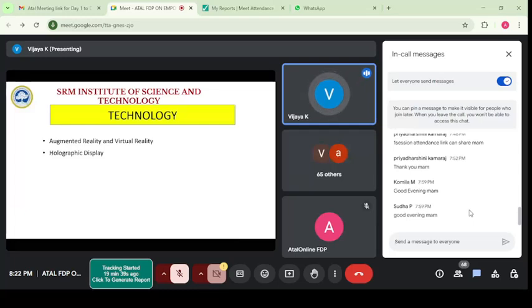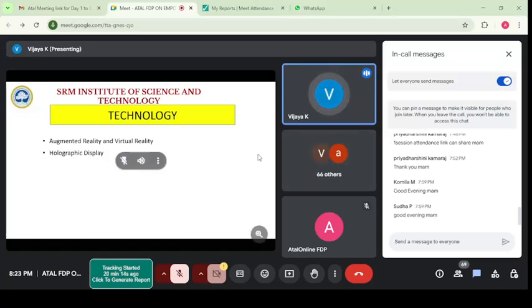Now, let us look at some of the use cases where holography has been put into use or where it could be used. Apart from generally telling that you can use it for delivering the content in an immersive and inclusive manner, in medical education, as I stated earlier, holography has started coming into use.